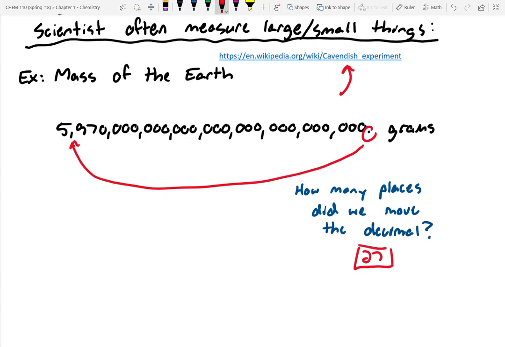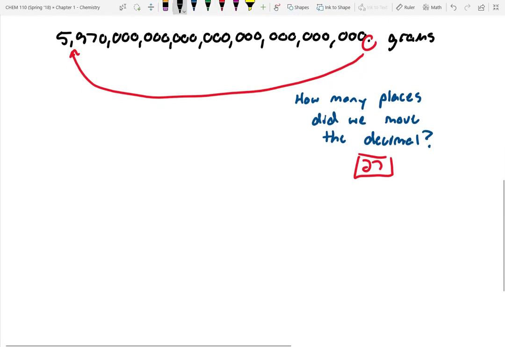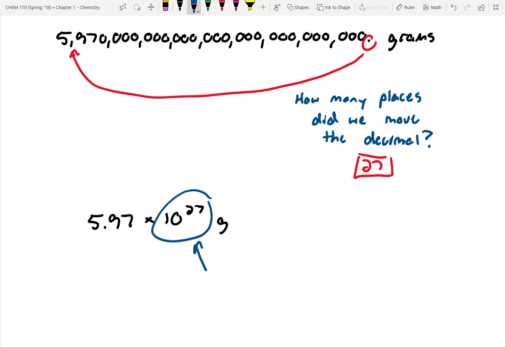So what chemists will do is instead of writing this giant number, they'll say, all right, it's 5.97 times 10 to the 27th grams. And basically this just means we moved that decimal point 27 units over from where it was initially as a whole number, right?